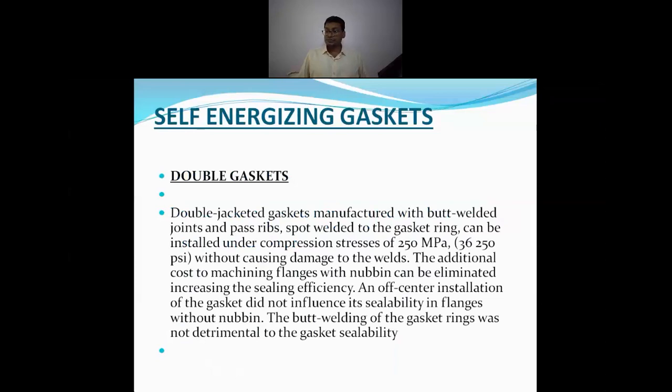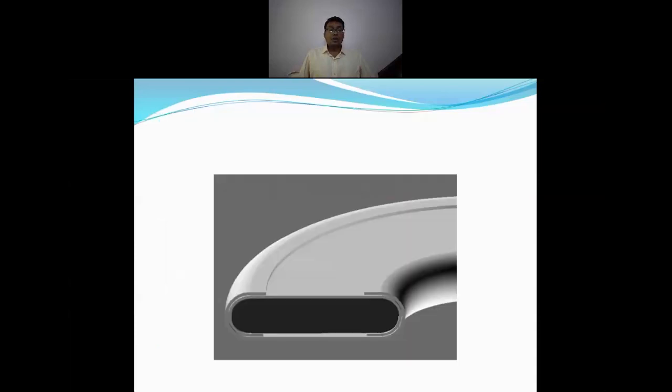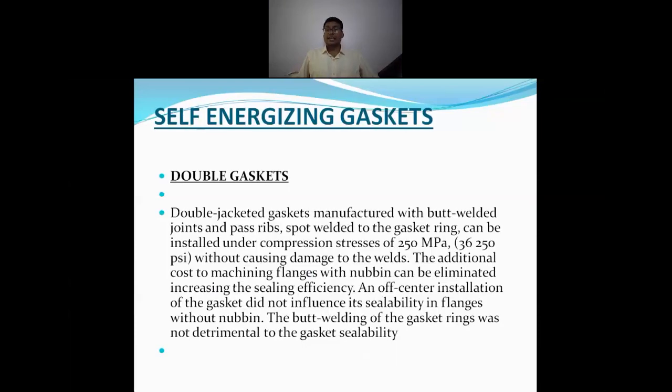Then the self-energizing gaskets. In these self-energizing gaskets, there is the double gasket, delta gasket, lens gasket, O-ring gaskets, and the Grey-Lock gaskets. In the case of self-energizing gaskets, we all have the pressure cooker at home.